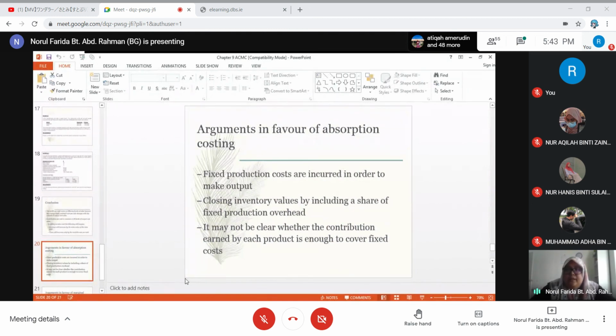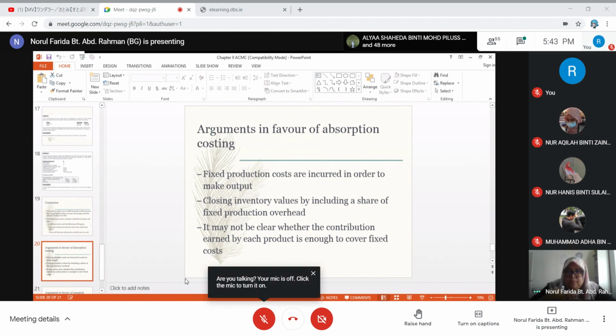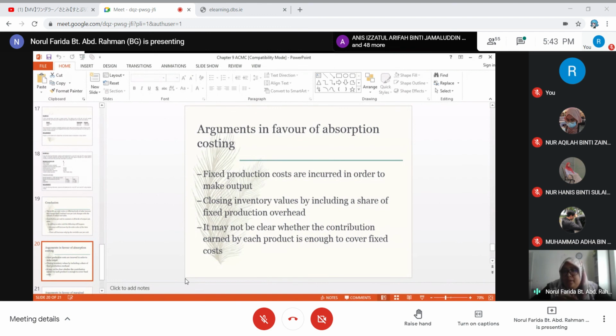Bila kita calculate contribution tu tadi, marginal tu kan, kita kira contribution. Alright. So kita tak tahu pun whether contribution yang kita earn tu, dia enough tak untuk cover kita punya fixed cost. Sebab kita kira dulu contribution and then baru kita tolak ke semua fixed cost dan kat kita punya period, kira as a period cost. So kita tak tahu pun dia boleh cover atau tak.